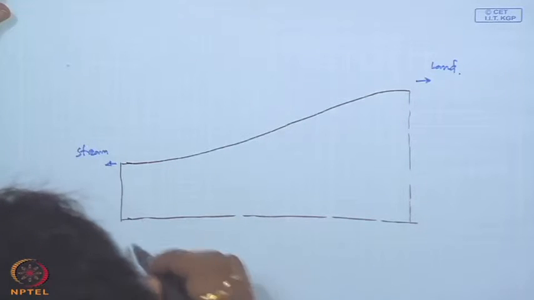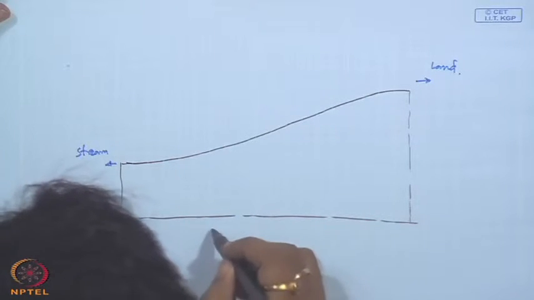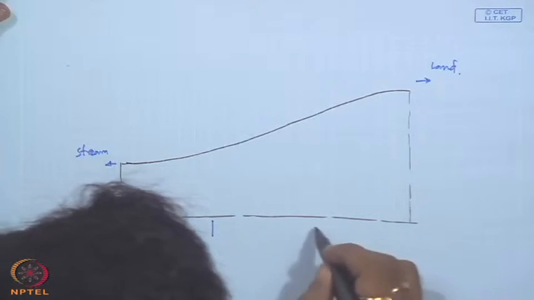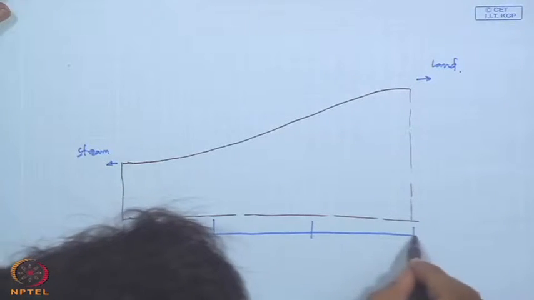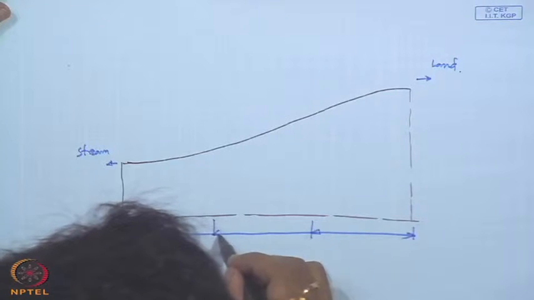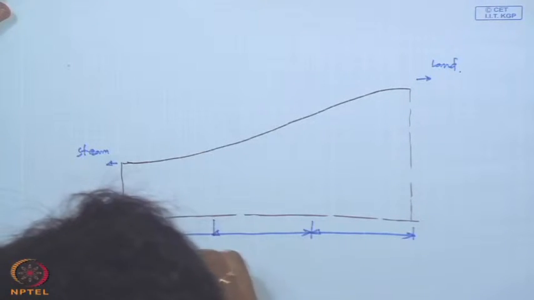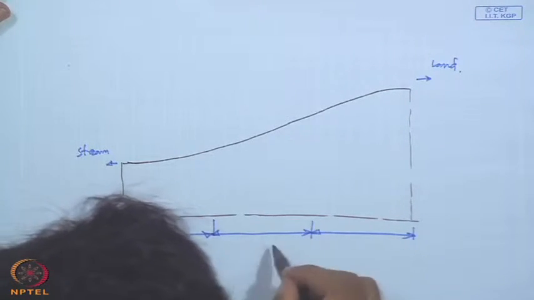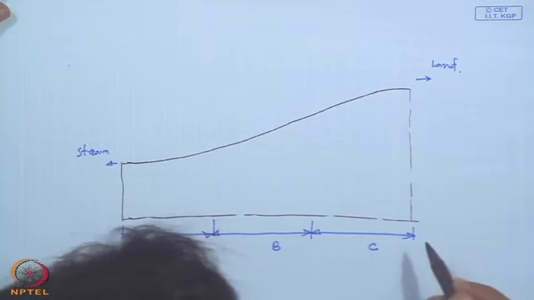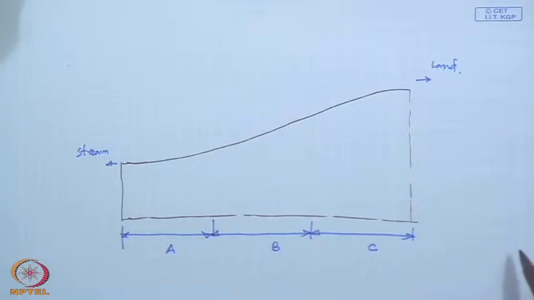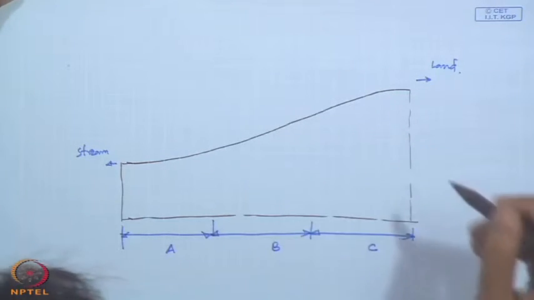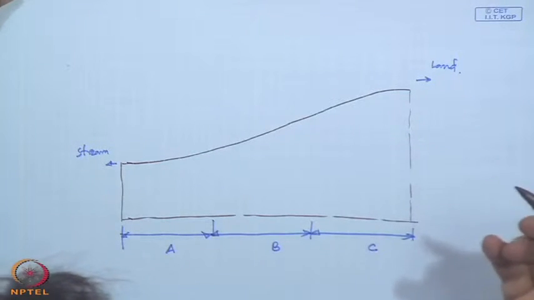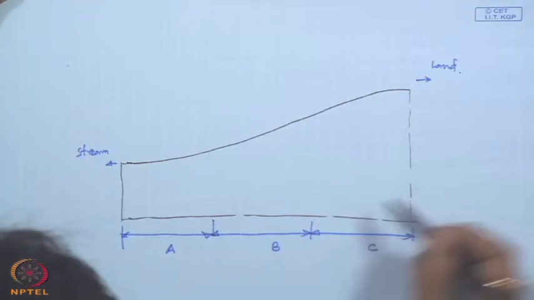Now, if we divide the whole thing into 3 regions, that is A, B, C. So, in this region the behavior of the total head is different.